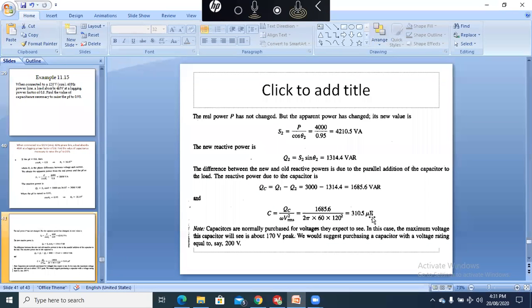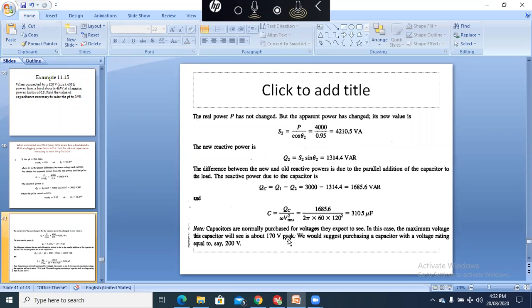Now we also have to consider the voltage rating for the capacitor. Here the RMS voltage is 120 volt. So the peak value of the voltage is square root of 2 times Vrms, which is 170 volt peak.